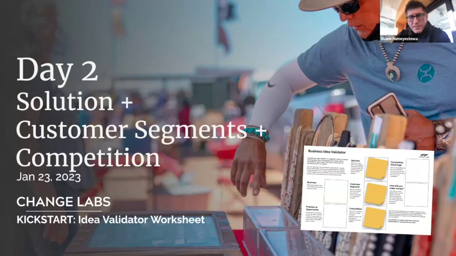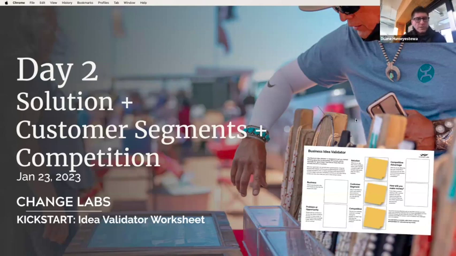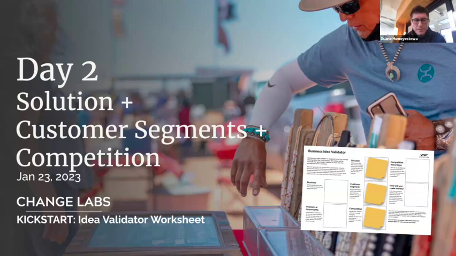So ultimately today we want to cover the solution components and aspects of the business idea validator, customer segments, and what competition looks like when it comes to validating your business ideas.